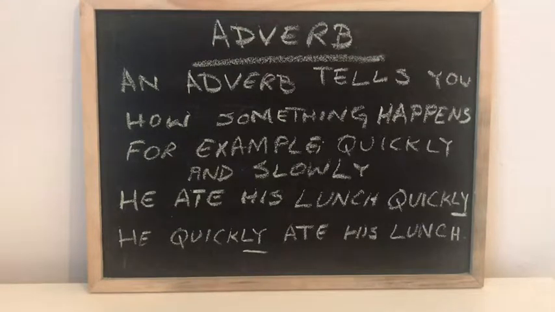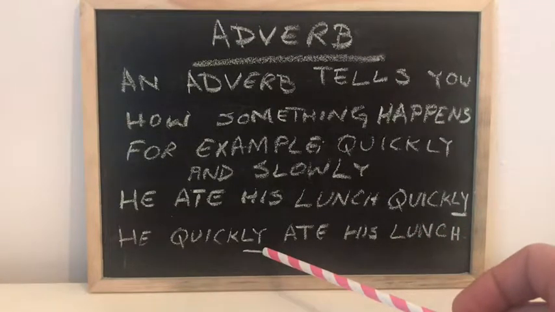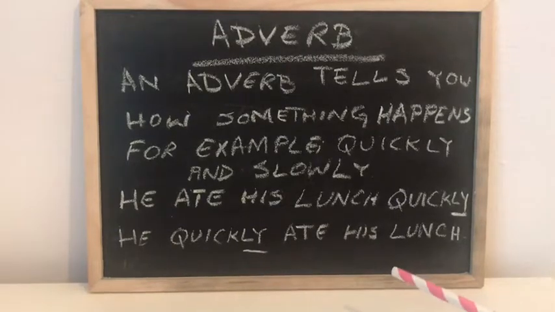A great way to pick out an adverb from a sentence is to look for the word ending in ly, like here in quickly, ly, here ly. That just means you're looking at two or more words that act as an adverb.